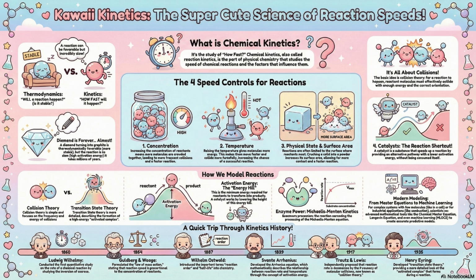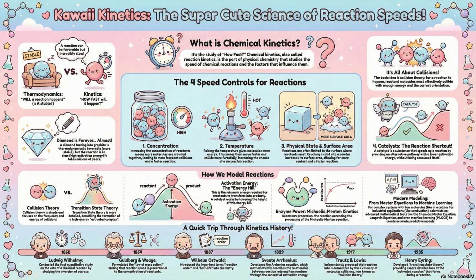Okay, let's unpack how we first put a number on that speed. We have to go back to 1850? Ludwig Wilhelmy. Yes, Wilhelmy really laid the groundwork. He was studying sucrose inversion, basically the hydrolysis of sugar in acid. And he was the first to actually quantify it? He was. He used an integrated rate equation and found, crucially, that the reaction speed was directly proportional to the concentration of the sugar and the acid.